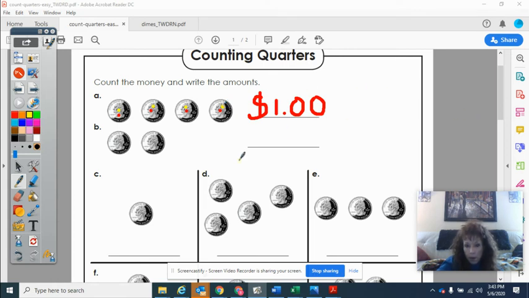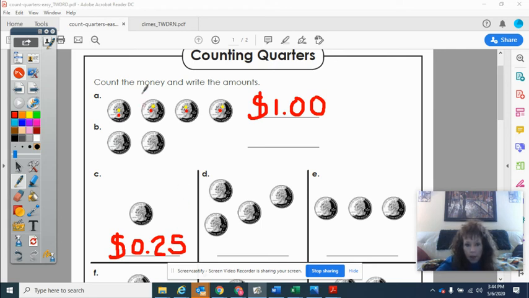Okay. 1 quarter is worth how many cents? 1 quarter is 25 cents. But we're not going to use the cent sign. I'm going to use a dollar sign. 25 cents means I have $0 and 25 cents.